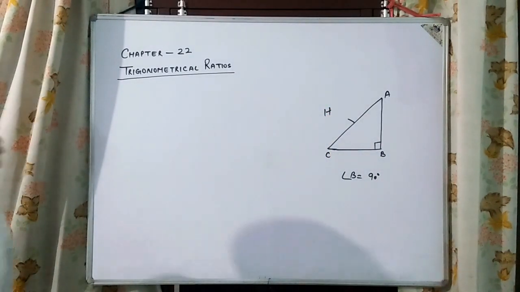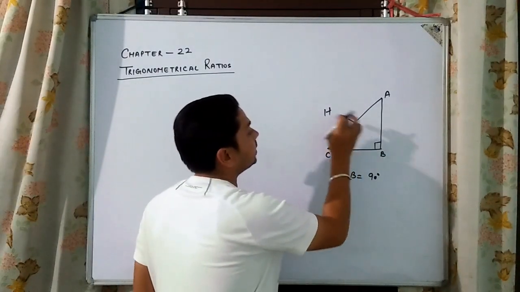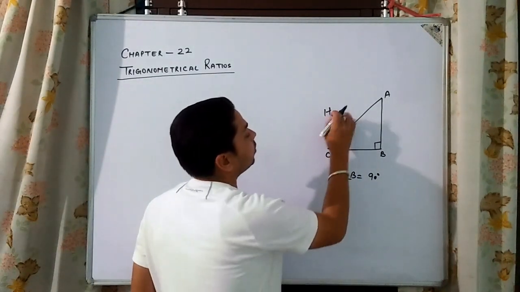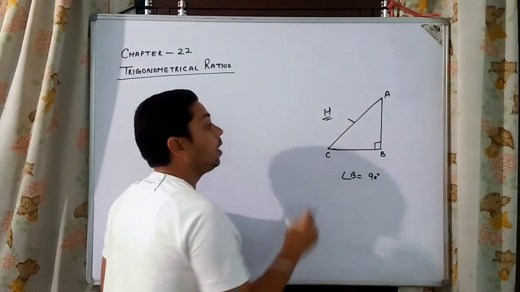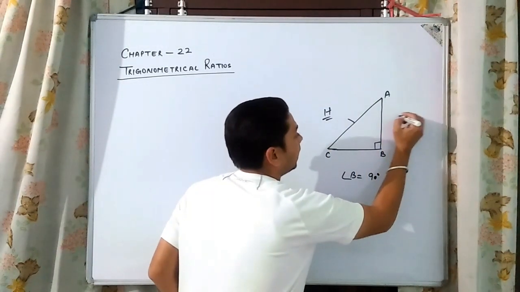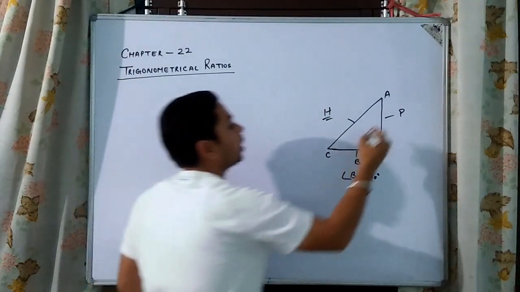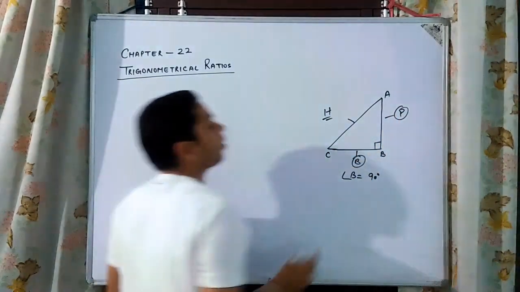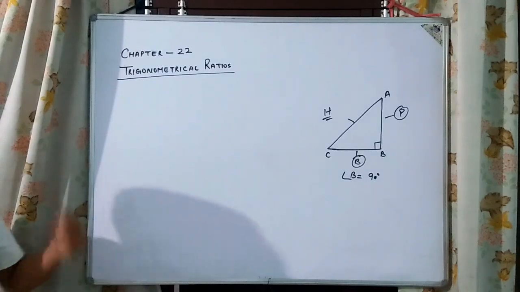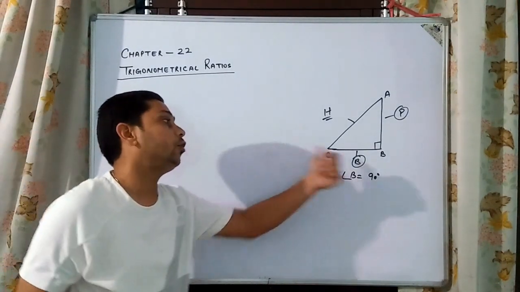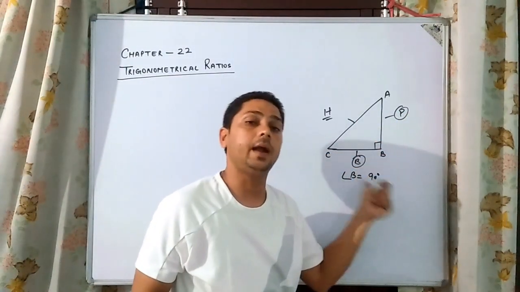Two more terms are there, perpendicular and base. This perpendicular and base will change according to your base angle. First you have to decide the base angle, then you will write the perpendicular and base.